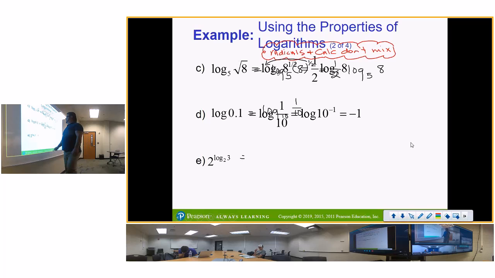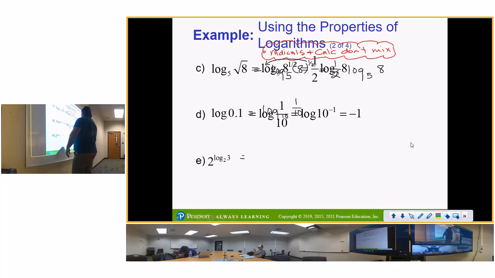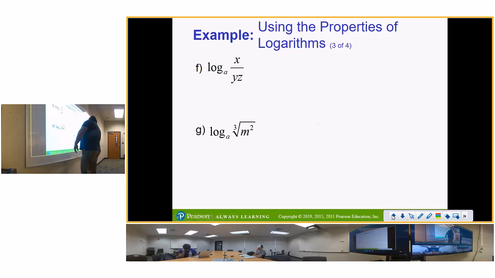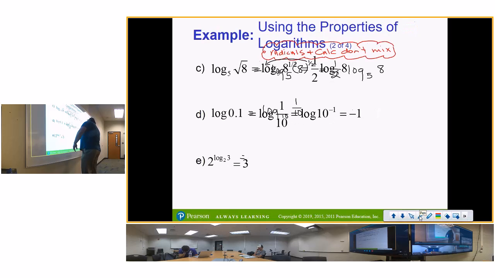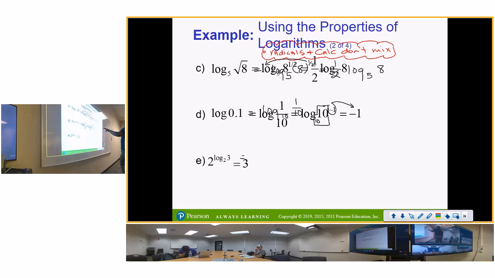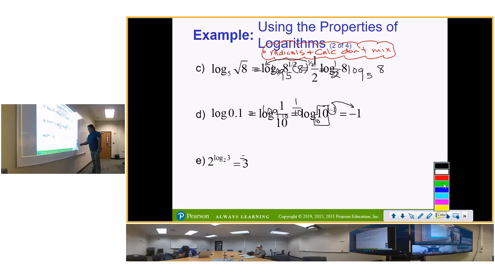And when you have log base 10 of 10 to the negative 1, when you look back at your properties, when these two match, what is the answer? The exponent. Look back in your properties. When the two match, right here, and I'm going to highlight them because this is going to be a test question on a standardized test, and you're going to stare at it, and you don't need to stare at it. All you need to do is write down that negative 1.